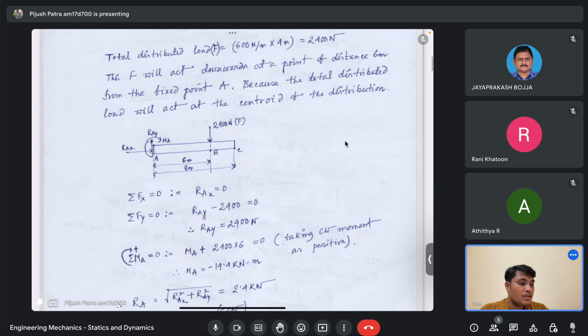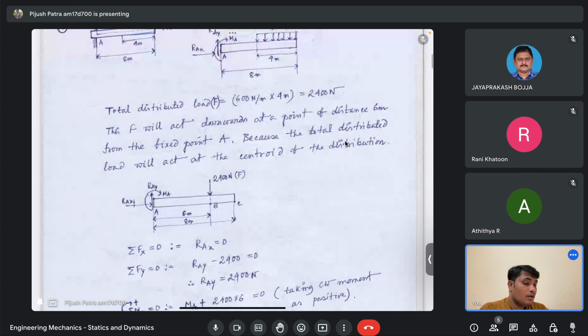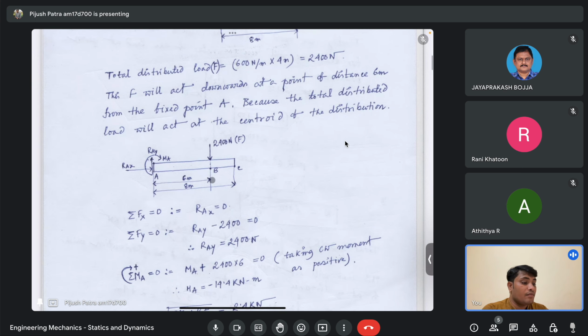Now similarly, if you do the force balance in the y direction, I have RAY, which is acting in the positive y direction. If my coordinate system is like this, this is the positive x and this is the positive y, then RAY is acting in the positive y direction, and the external load, which is 2400 Newton, is acting in the negative y direction.